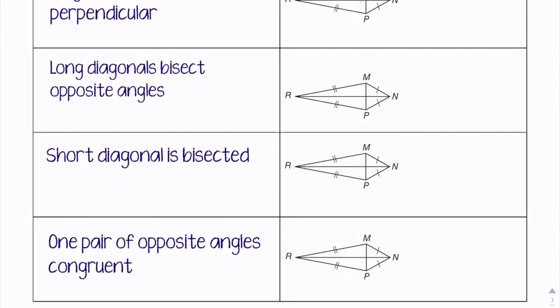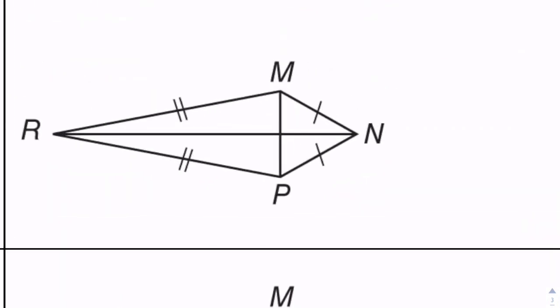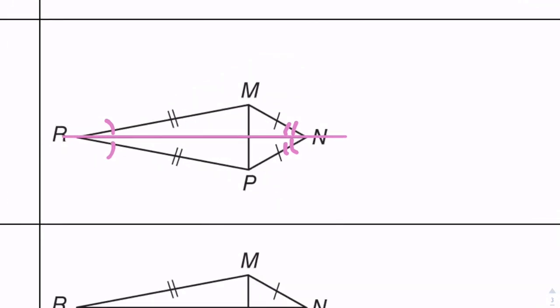Long diagonals bisect opposite angles. So this is my long diagonal. It is bisecting the opposite angles. So that means this long diagonal splits these opposite angles in half, and this one in half. So go one pair at a time. So angle MNR is congruent to angle PNR.